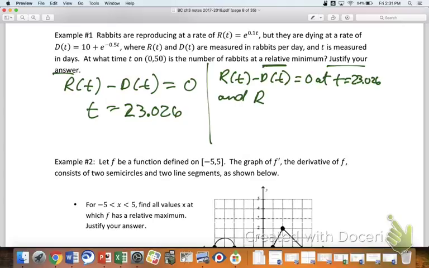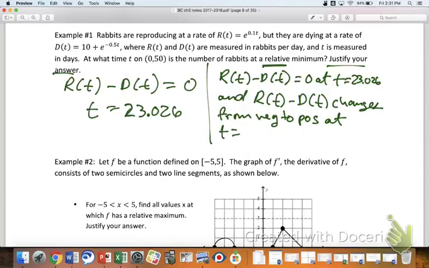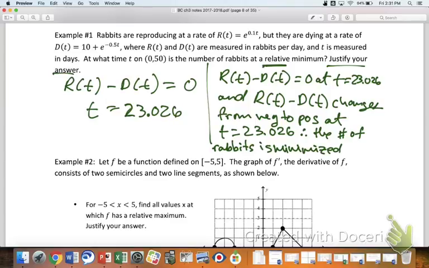And we would say R of t minus d of t changes from negative to positive when t is equal to 23.026. Therefore, the number of rabbits is minimized, or has a relative minimum, when t equals 23.026.